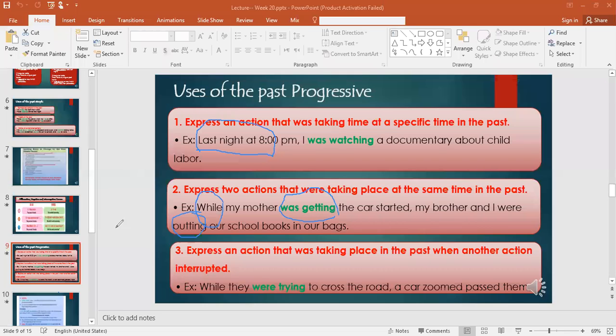Very good. Okay, so the last sentence, I need someone also to read the example sentence before we guess what is the use. Yalla ya Ali. Yes, Ali. The sound is loud.